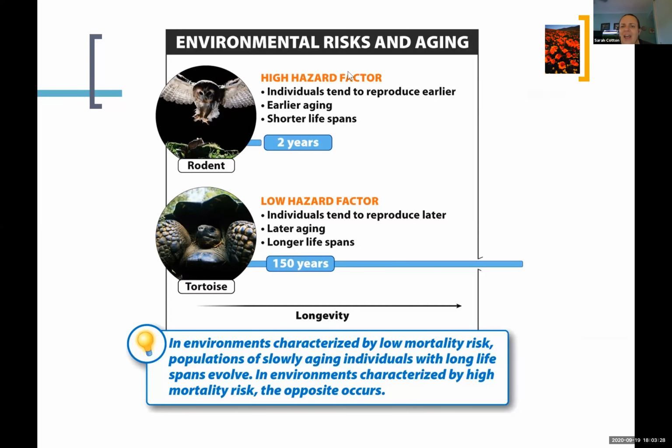If you have high hazard factor, high risk, you tend to have shorter lifespans. Whereas organisms that live in real stable environments tend to be low risk, tend to be larger, tend to have longer lifespans, right? So this all kind of goes together.